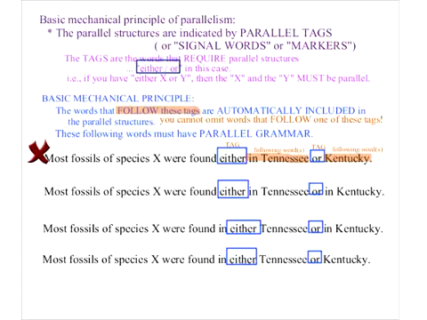Now if you look at the second one, here are our tags again. This is a tag. This is another tag. Again, you just look at the words that follow the tag. These are following words. So this is in Kentucky. This is in Tennessee.